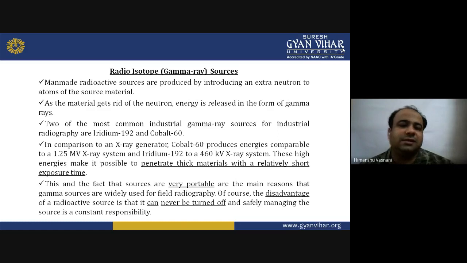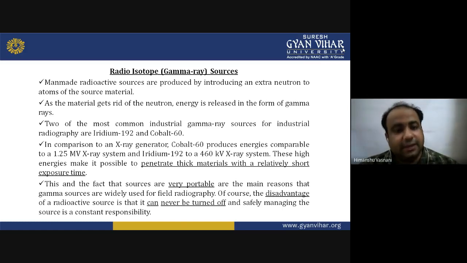These high energies make it possible to penetrate thick material with relatively short exposure time.